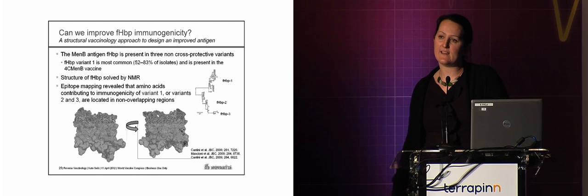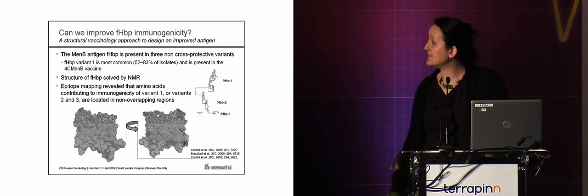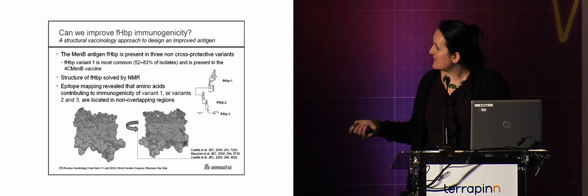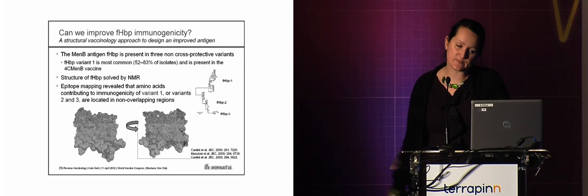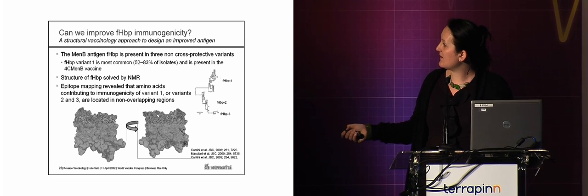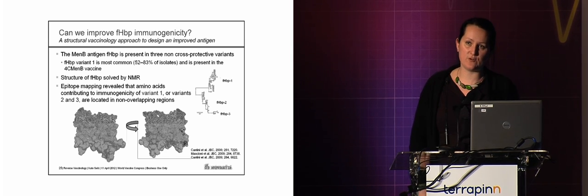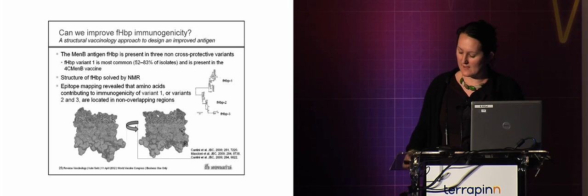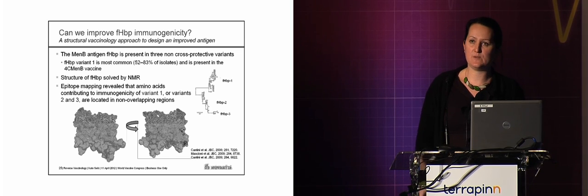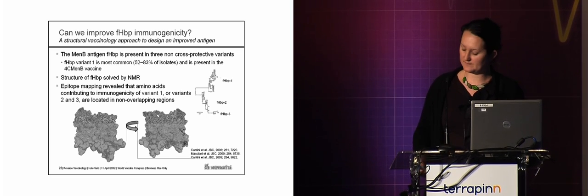So if we take the MenB antigen FHBP as an example, this antigen is present in 3 non-cross-protective variants, where variant 1 is the most common variant seen and is also present in the 4-component MenB vaccine. And we asked ourselves if we could increase the immunogenicity of this antigen.